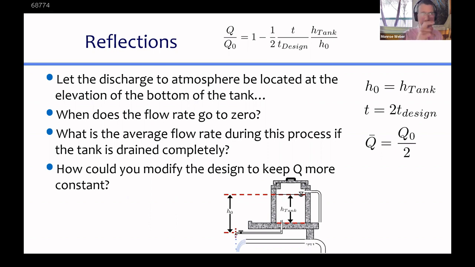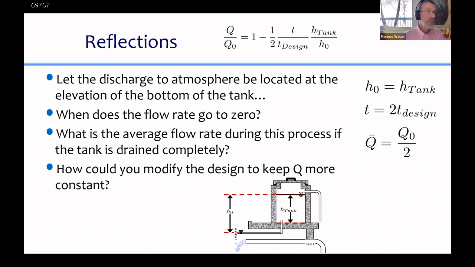So if you take a tank like your bathtub and you fill it up and then you drain it, if you measure the initial flow rate out of the bathtub when it is full, and you use that to predict how long it would take for your bathtub to empty, you would come up with a time that is exactly 1/2 the time that it's actually going to take to empty the bathtub. Okay? Kind of a cool, simple result. The average flow rate is 1/2 of the initial.